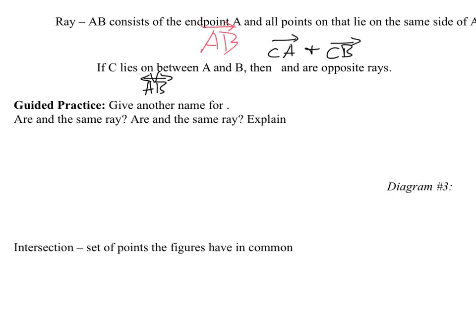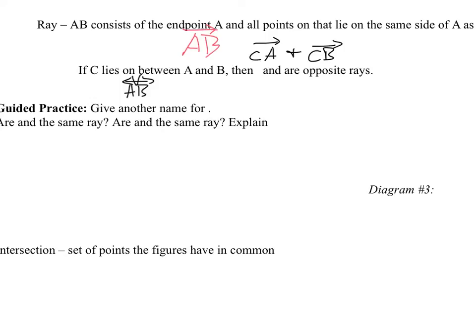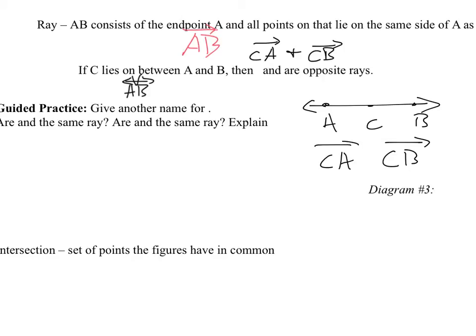So what this is really saying is that if we have a line, so let's create a line here, and on this line we have points A and B, and then we have point C on here. If C lies between points A and B, we could say that we have ray CB, which would be going this direction, and then we would have ray CA, even though it's going in the opposite direction.